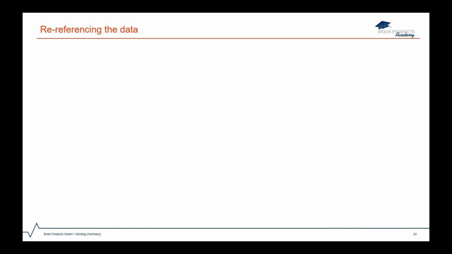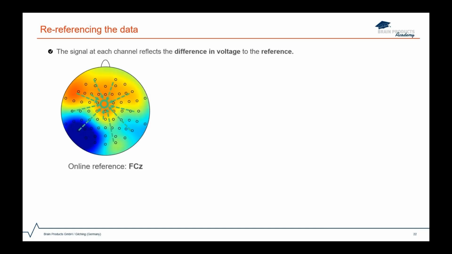But now we come to the re-referencing, keeping in mind that the signal at each channel now reflects the difference in voltage to the reference. So for example, if we use the online reference FCZ, now all the channels are in reference to it, so FCZ gets subtracted from each one of those channels.